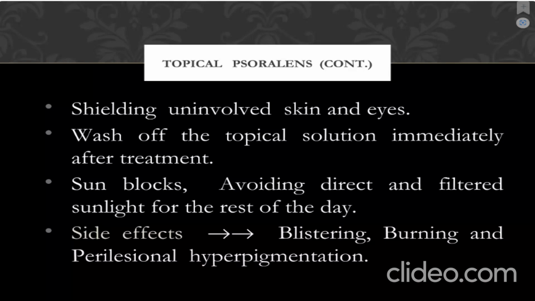Here, shielding should be done of uninvolved skin and eyes. That should be covered. Sunblocks, avoiding direct and filtered sunlight for the rest of the day. There are some side effects like blistering, burning, and perilesional hyperpigmentation.